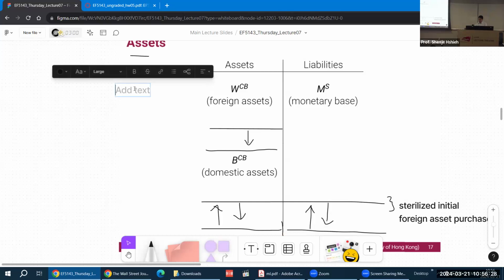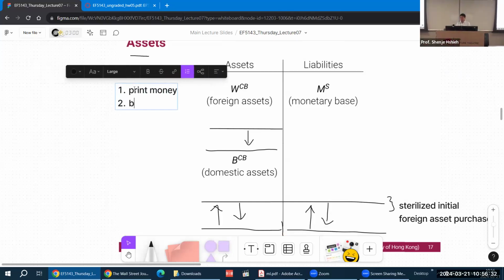So let me write out the steps. What we did: we spent money, bought foreign assets, sold domestic assets.